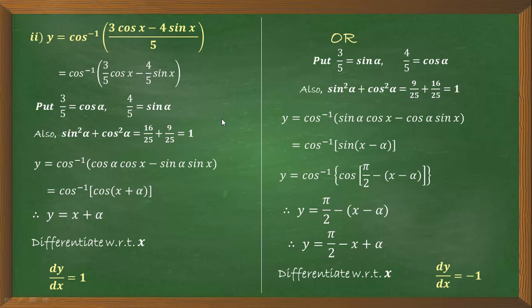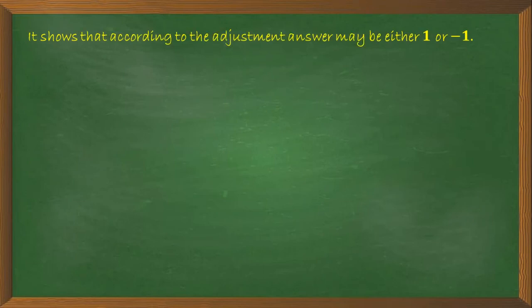So what we remember in this type of question: according to our adjustment, the answer may be either 1 or minus 1. If you have proper knowledge of trigonometric formulae, meaning compound angle formulae and allied angle formulae, then by this type of adjustment we get the derivative as either 1 or minus 1. Here in this case the angle is x, and you will get the answer as 1 or minus 1.